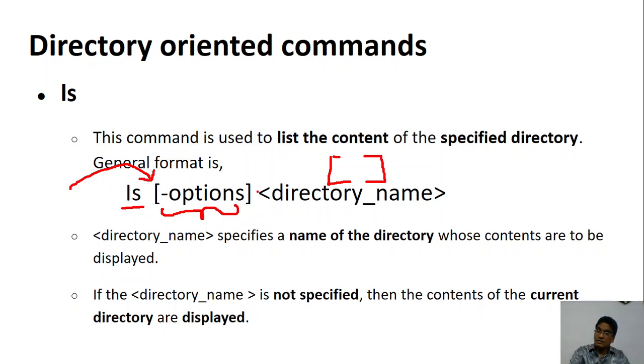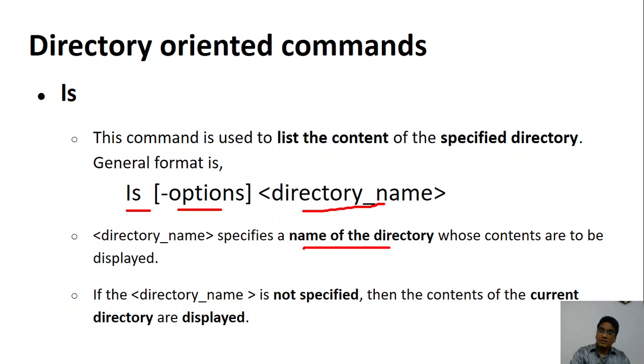When the syntax is asked during the examination, one mistake that most students make is they explain everything about the ls command, but they don't explain the syntax. You have to first mention the syntax, how the command in general will look. So we have the ls command followed by the option followed by the directory name. The directory name is the name of the directory which needs to be displayed.